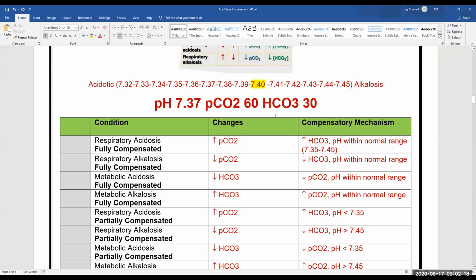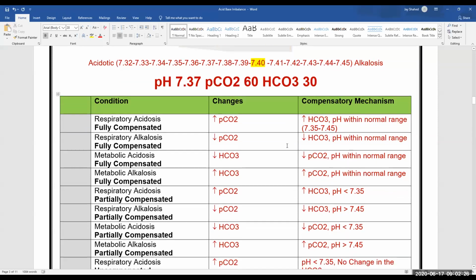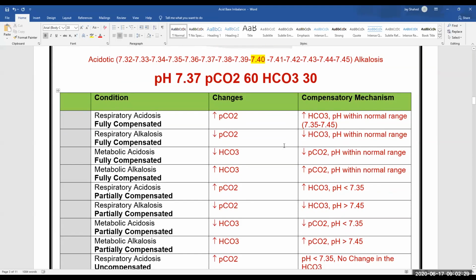Okay? So to tell if it's respiratory or metabolic, you basically just look at which one is much higher, because that means it's trying to compensate. Yes, the one with the higher number wants to compensate for the other guy. That's why it's freaking out. It's going off a little bit more.